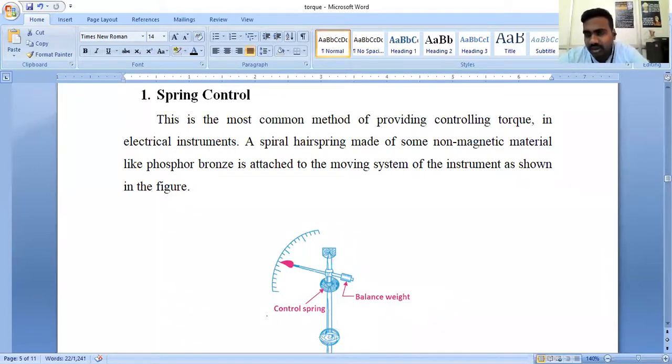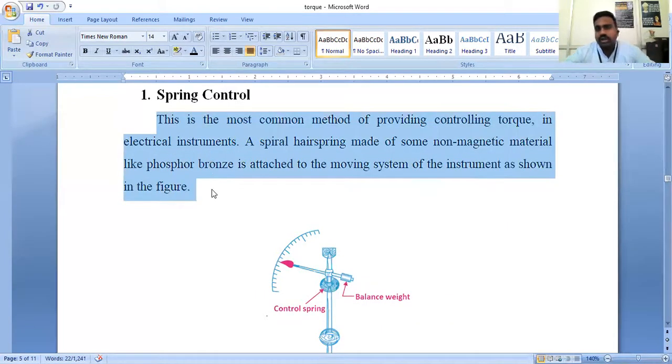Spring control is one of the most common techniques for providing controlling torque to the instrument.